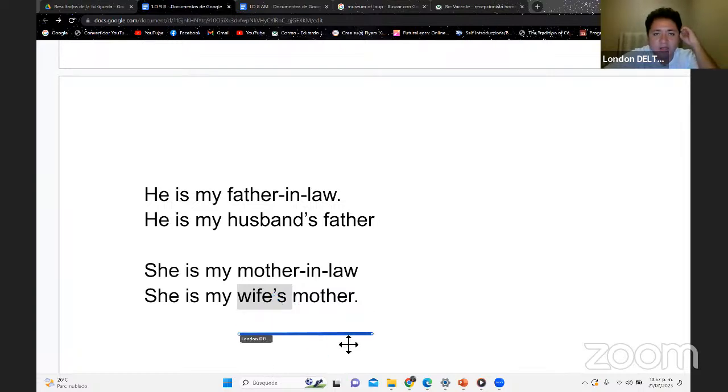Entonces, por eso tenemos que escribir my husband's father y no se puede decir my father's husband. Porque my father's husband significaría el esposo de mi padre, right? Y lo que quiero decir es el padre de mi esposa. Entonces cambia, right? Si tú dijeras my mother's wife, ¿qué querría decir? My mother's wife. ¿Qué querría decir literalmente?